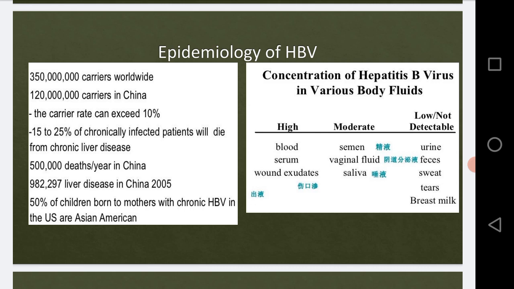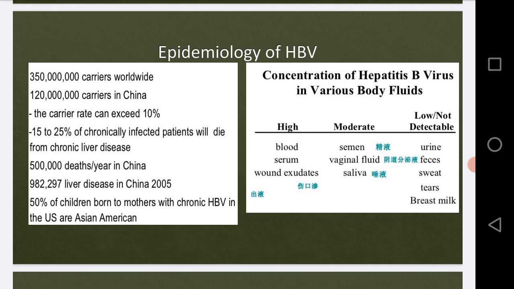The hepatitis will turn into the chronic level, the chronic liver diseases. Then 500,000 deaths per year were recorded in China due to this viral infection, which is a very high number.